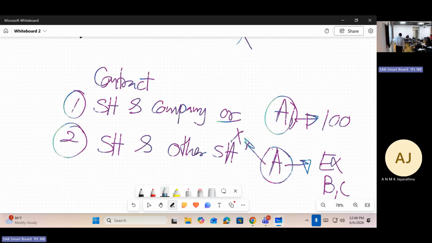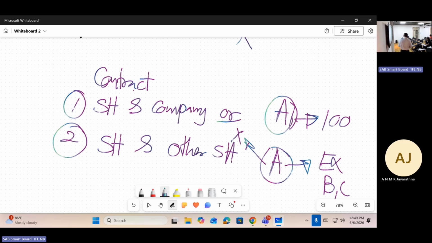Then existing shareholders B and C can file an action against A in order to recover damages on the basis of breach of contract, between themselves and each. Understood? So there are two types of contracts. If there is a breach of contract, then the aggrieved party, the innocent party, can bring an action on the basis of breach of contract.